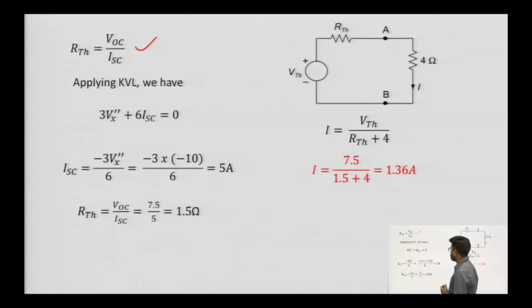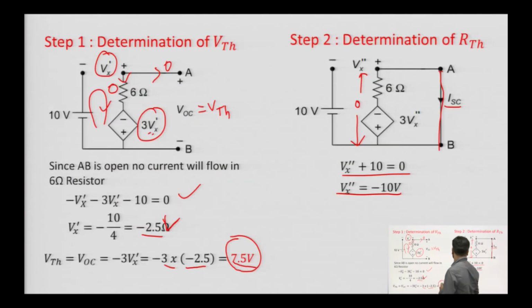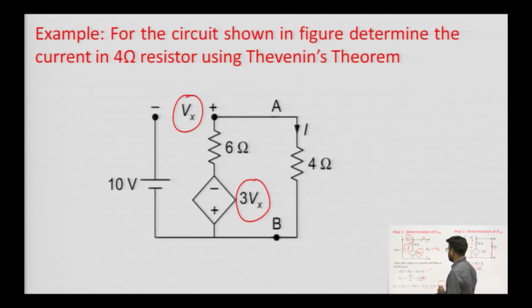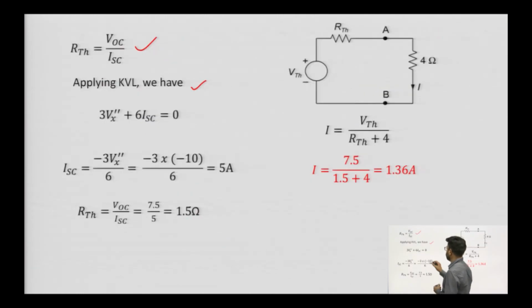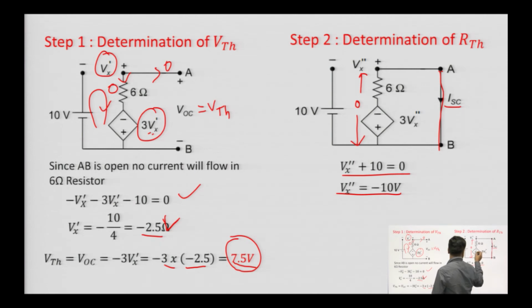Now, for the short circuit current, applying KVL, we will have the equation 3 Vx double dash plus 6 ISC equals 0. The whole drop across this will be equal to 0 because there is no current flowing here, so all the short circuit current will flow in this branch.